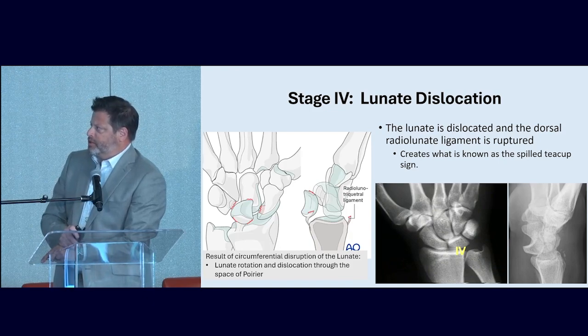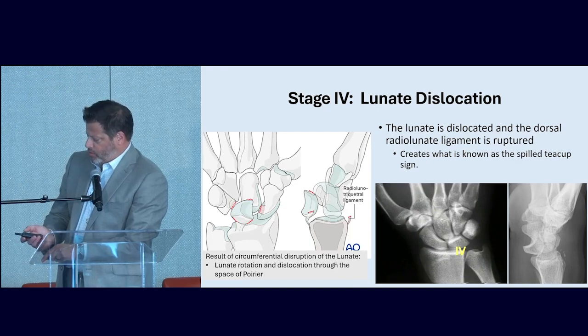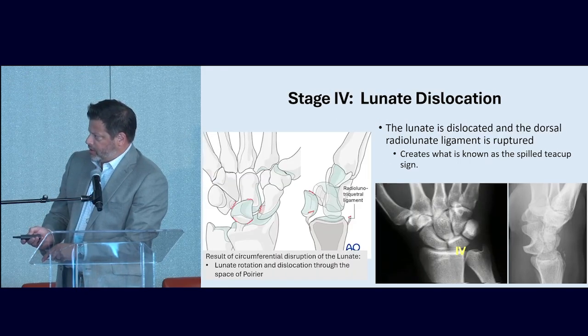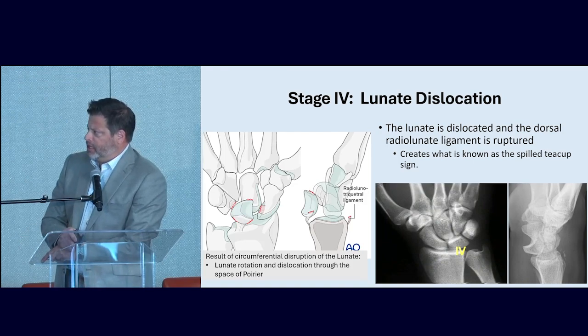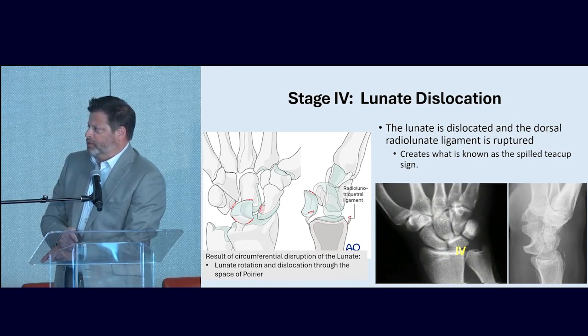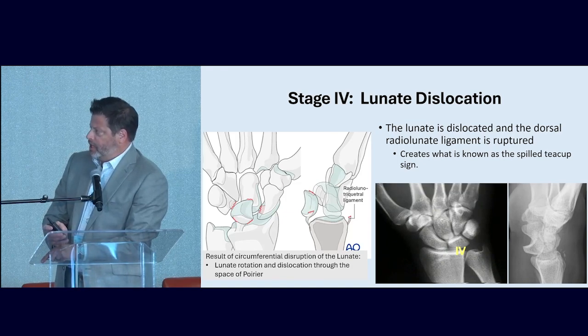The lunate is dislocated, the dorsal radial lunate ligament is ruptured, and this creates what we all know from our various exams on x-rays as the spilled teacup sign. Basically, the result of the circumferential disruption of the lunate creates rotation and dislocation through that space of Poirier, which I showed you earlier.